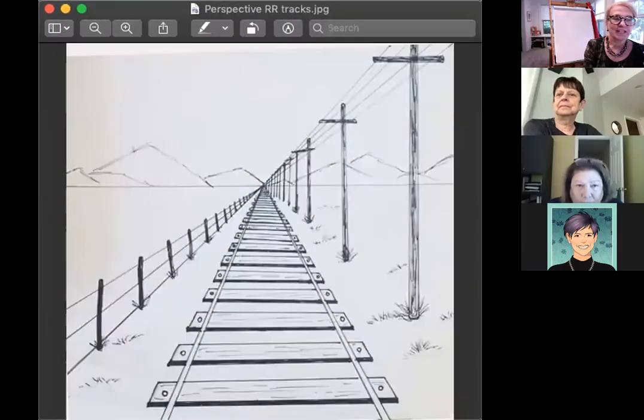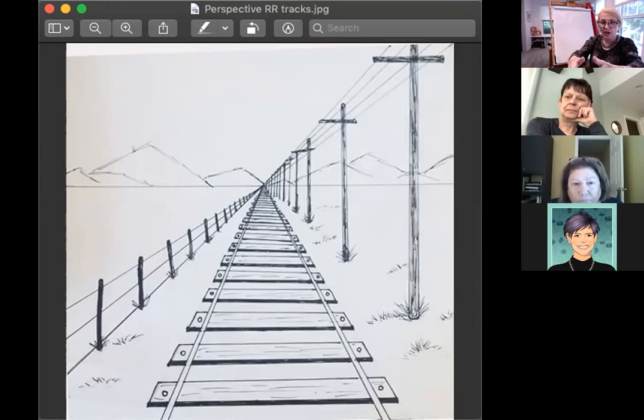Okay. This is simple one-point perspective. And if you've ever stood in the middle of a street or in the middle of railroad tracks, which is kind of risky, you would see that your mind knows that these parallel tracks are receding into the distance, and they're not getting closer together like we have displayed them here.